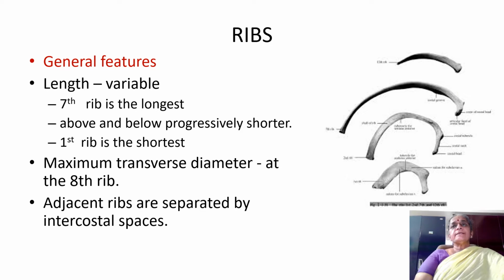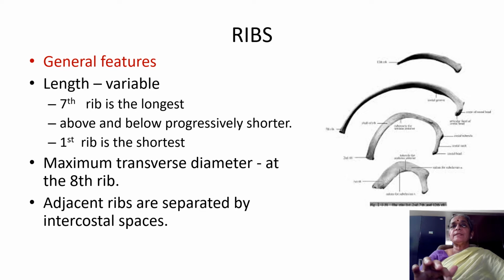Now let us consider the general features of a rib. So what will be the length of a rib? We are seeing the ribs of different sizes, and among the 12 pairs of ribs, the 7th rib is the longest rib. And as you progress above in the thoracic cage, it gradually becomes shorter.